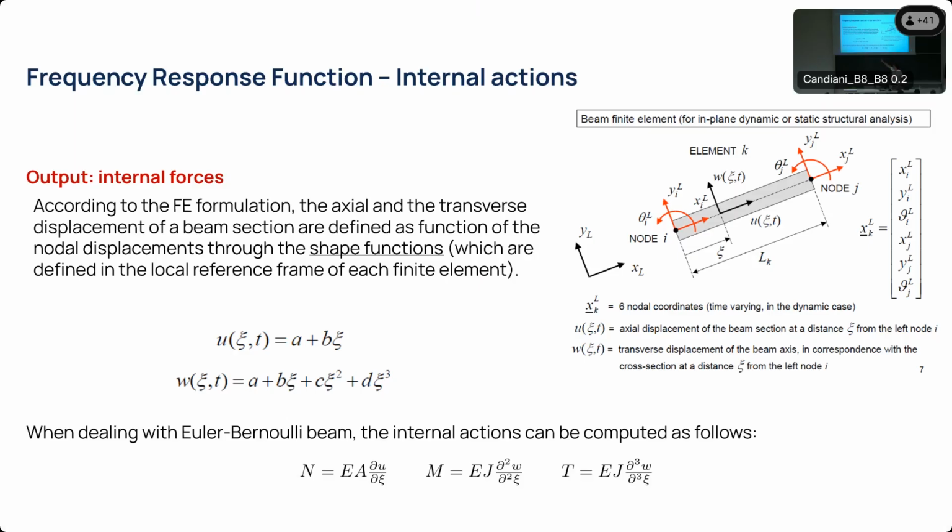So we know that we can express the longitudinal action along the beam, as well as its bending moment and its shear force, as a function of the first, second, and third derivative of longitudinal and transversal displacement with respect to the running coordinate. So in the first part, when we were creating mass and stiffness matrices, we went from the Euler-Bernoulli formulation to the mass and stiffness matrices. In this case, we're going backwards.